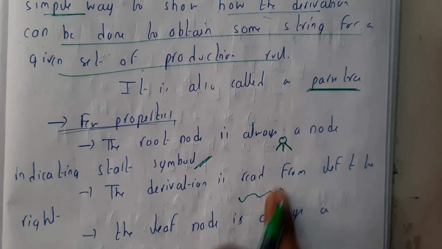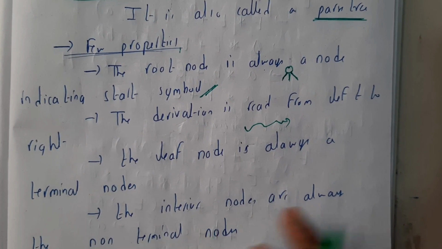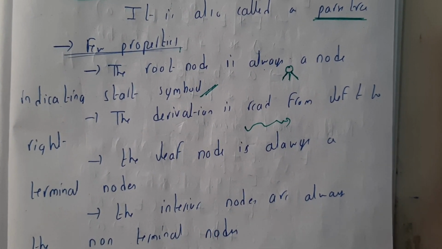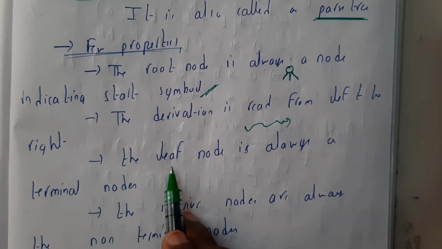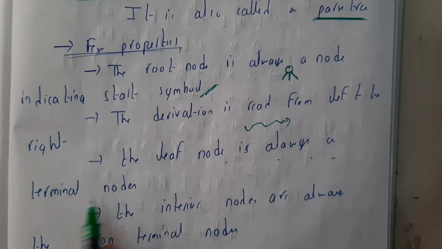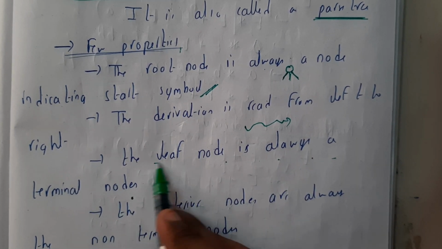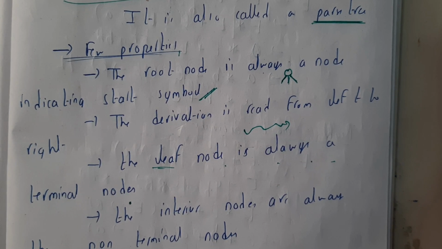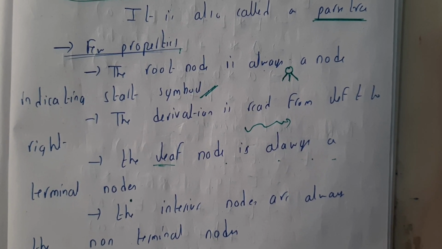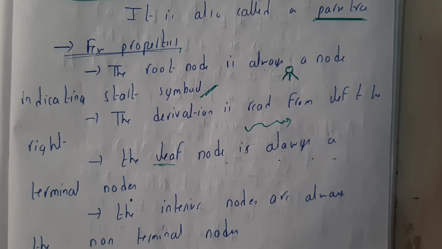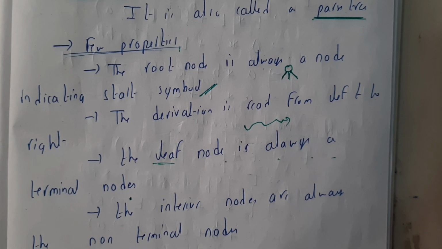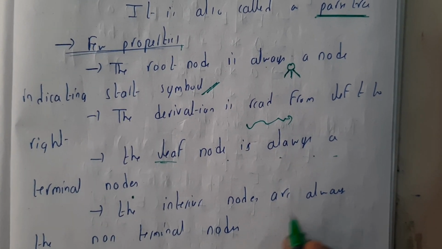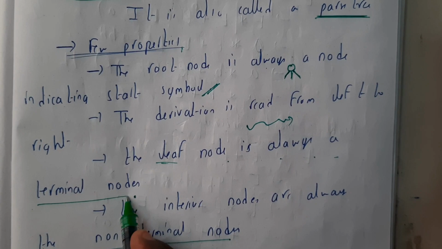You'll understand all these properties when we go through the problems. The leaf nodes, sorry guys, the leaf nodes are the bottom nodes, the last layer, and they are always terminals. The interior nodes are always non-terminals.